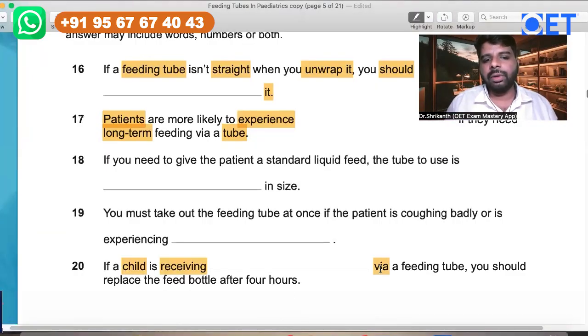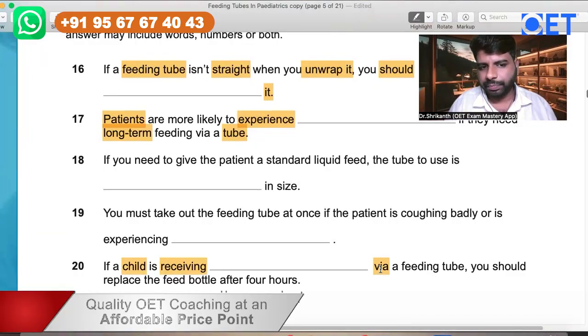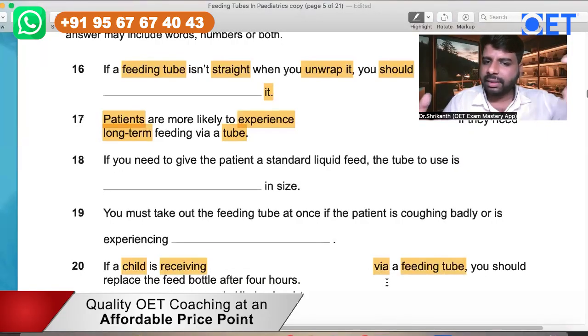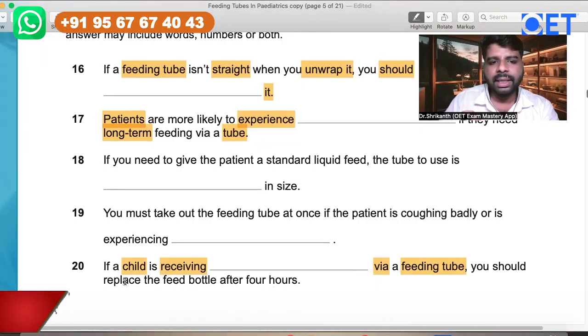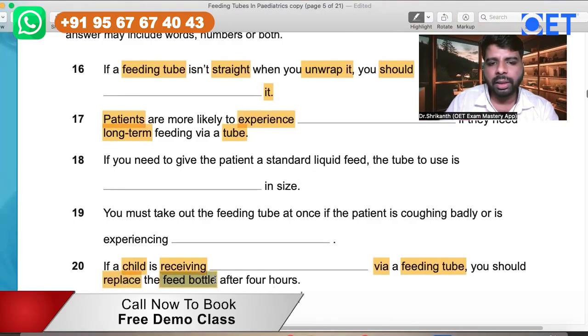So the linking phrase is: a child is receiving something via a feeding tube. If a child is receiving something, then we should replace the feed bottle after 4 hours.